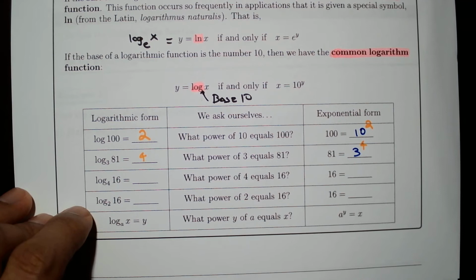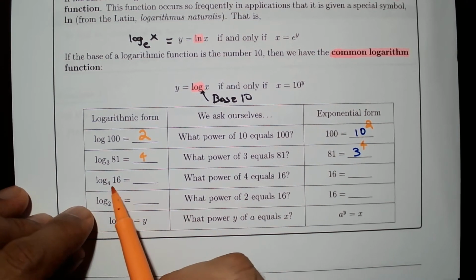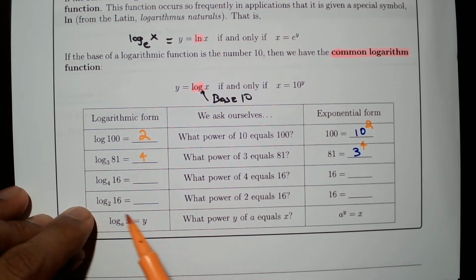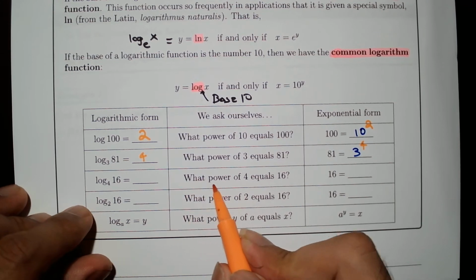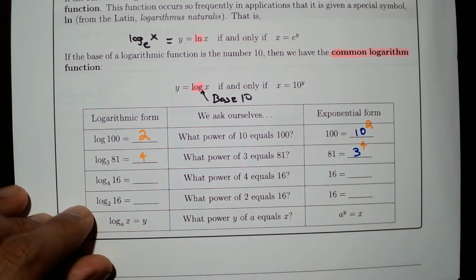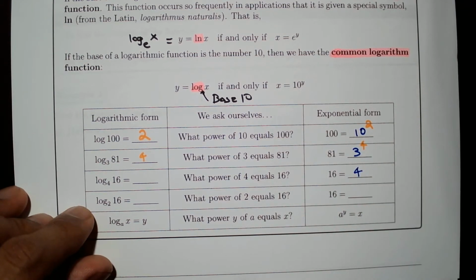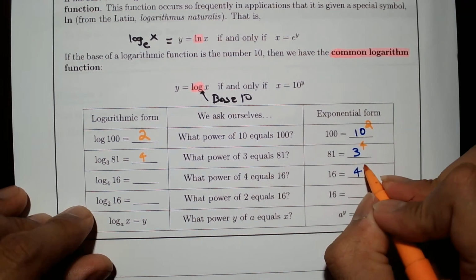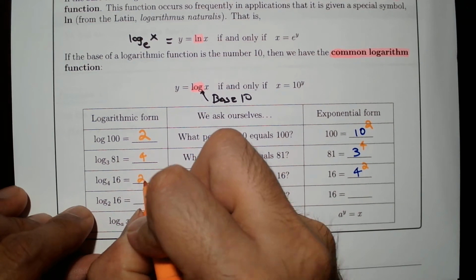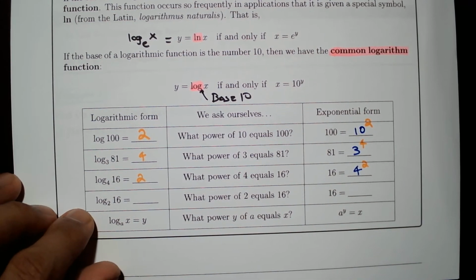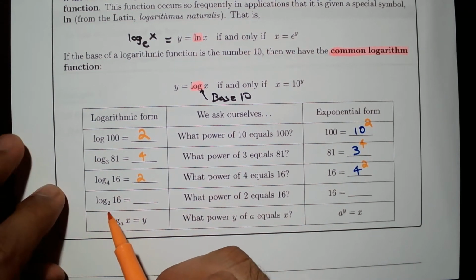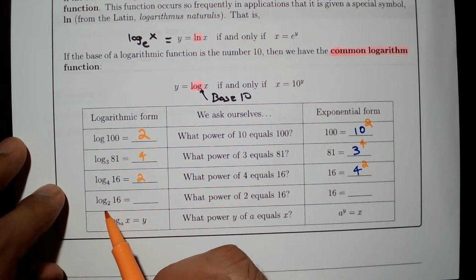All right. Log base 4 of 16. In other words, we're asking ourselves what power of 4 equals 16. So 4 to what power equals 16? That is 2. The same number 16, but now in base 2.